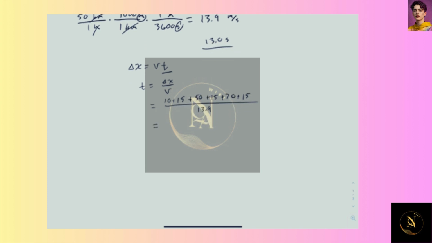So this is a total distance of 175 meters over 13.9 meters per second. It's going to give us about 12.6 seconds. And so if we have 13 seconds to get through the intersection, it can do it in 12.6. So the first car makes it.